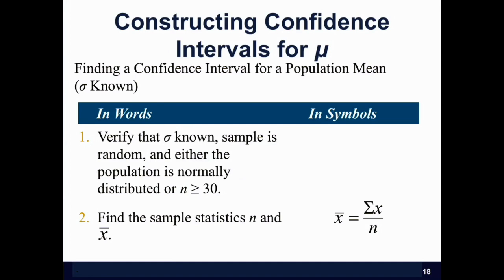Once we verify this, then we know that we can use the sample statistic x bar as a point estimate of the population mean. How do we calculate the sample mean? Well, we just add the values in the sample and we divide by the sample size.